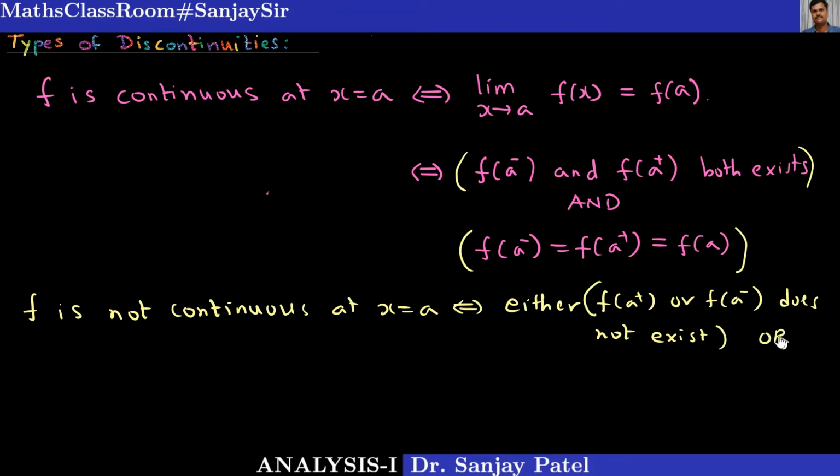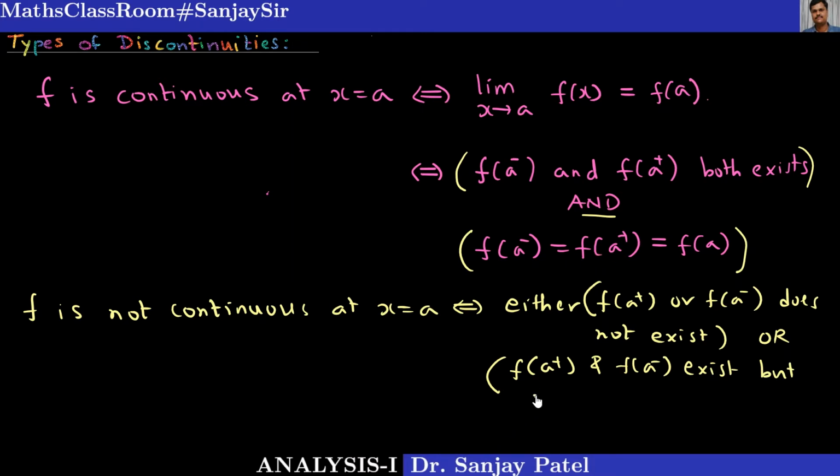Or, even if both exist, I can write like this: or f of a plus and f of a minus both exist, but this is not true. These three are not equal.